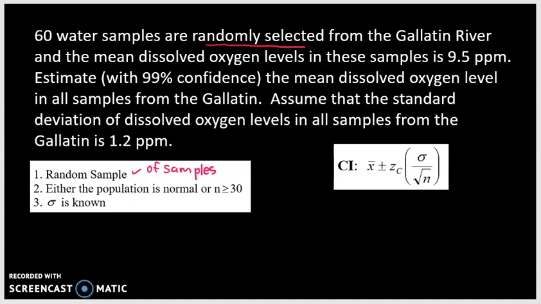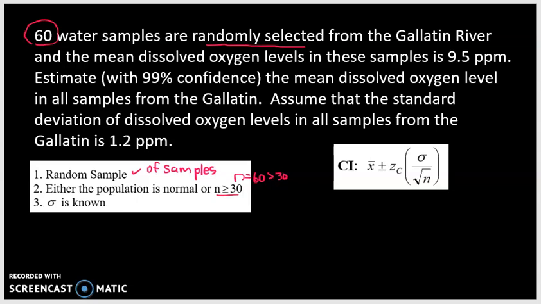Either the population is normal or n, the sample size, is bigger than 30. We selected 60 samples, which is bigger than 30, so we have that part. So n, in this case, equals 60, which is bigger than 30.